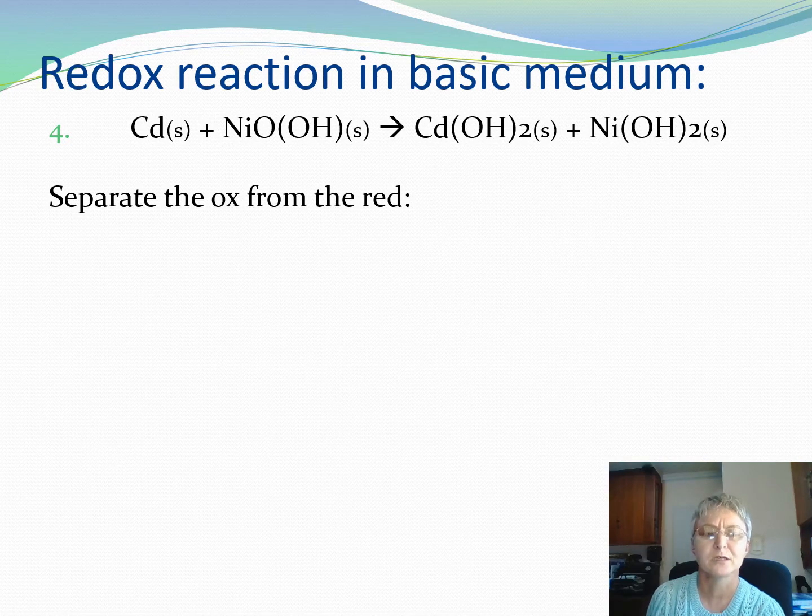Cadmium in this reaction has an oxidation number of 0 on the reactant side. Then here we have a nickel oxide joined with a hydroxide. Now in hydroxide, the oxidation number of hydrogen is +1 and that of oxygen is -2. Hydroxide has a charge of -1, so that makes sense.